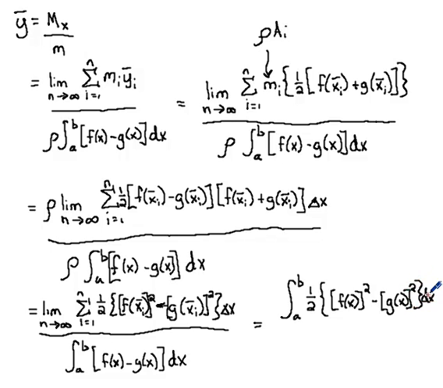And of course, the denominator just is still our area here, which is the integral from a to b of f of x minus g of x. And this, again, just like I mentioned in the previous derivation, these do not cancel, so don't do it. That's all I have to say. Just don't cancel these.